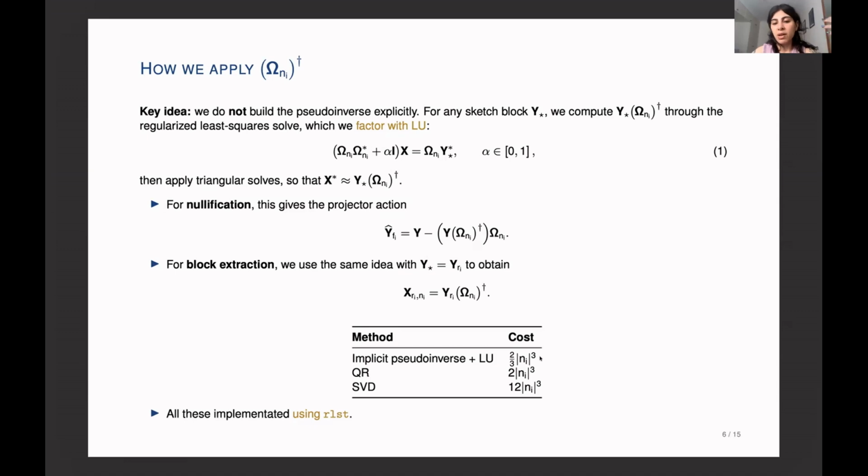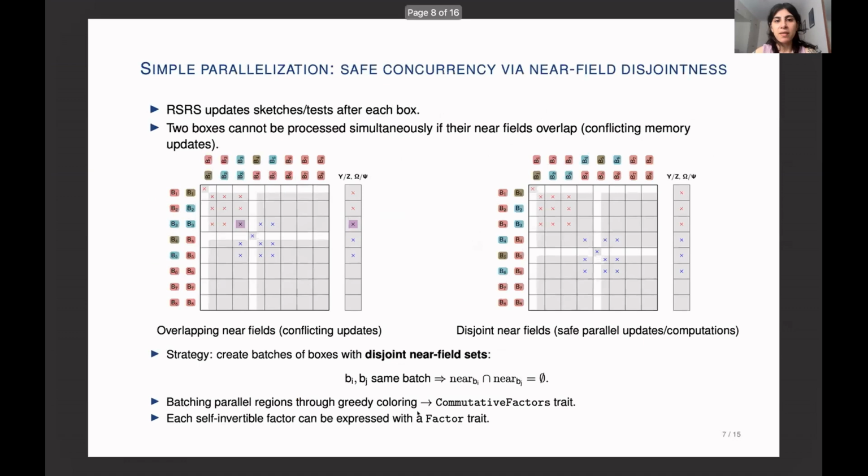The good thing is that we have made these 3 methods available in the RSRS grades. And all of these have been implemented using RLST, which is a linear algebra toolbox that I think Timo presented a tutorial of yesterday.